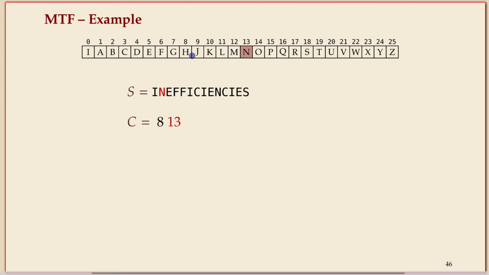Everything else shifted one position to the right. Next letter N, we walk through the list, find it at position 13. So that's the output. And then we put N in front of everything. There we are. That's our N. And everything else is shifted one position to the right. We do that again. E, we find it at position 6. That's our output. And we move E to the front. All right, we see how this goes.